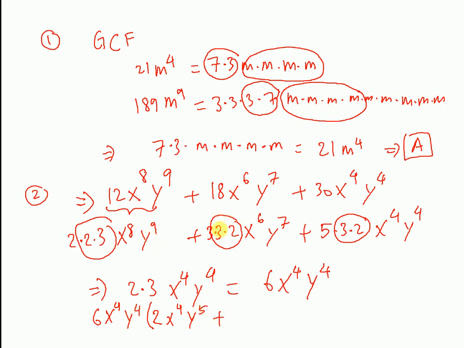The second term, when I take out 2 and 3, I have 3 left, and then for x, I took out 4, and now I have x squared left. Here I took out y to the 4, I have y cubed left. The third one I have 5 as a number, and then x to the 4, y to the 4 I already took outside, so only 5 left. So this is the answer, or A.